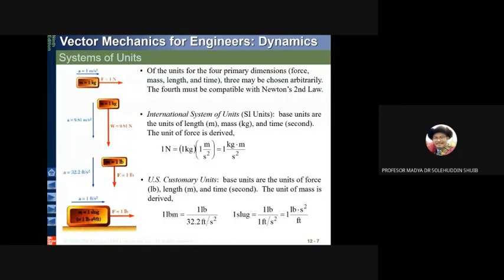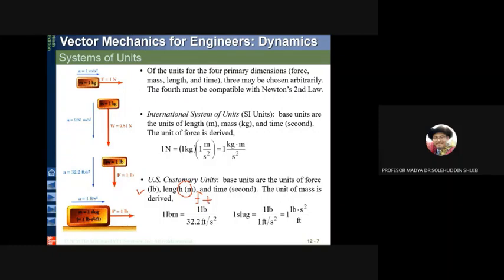So the base unit here, they use force. Force is in pound, lb, this is pound. And then they have length. You have to do the correction: the length is not in meter here. The length is in feet. 1 foot, 2 feet.